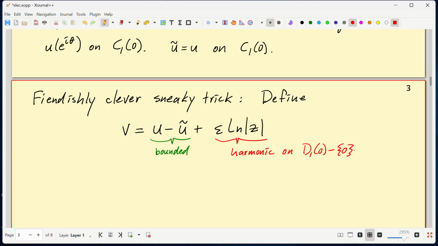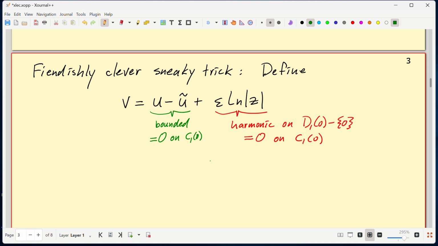In fact, it's harmonic on a bigger one, and it's equal to 0 on the unit circle. So a fascinating thing: because log mod z goes to minus infinity at 0, so does v.